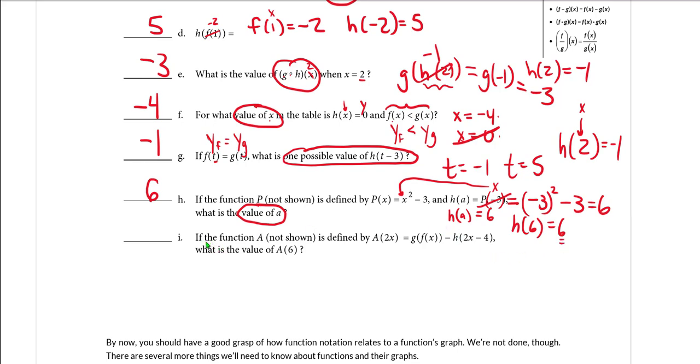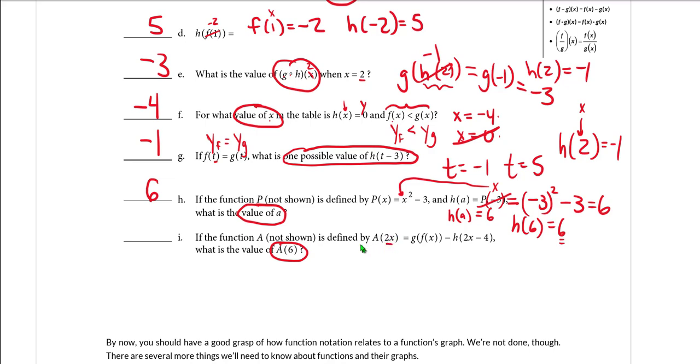Item I here, if the function a, not shown, is defined by a of 2x equals g of f of x minus h of 2x, holy moly, that's a lot of stuff there. Let's take a look at this. This is one of those cases, I talked about this in a previous video, in a previous section, that sometimes we'll get inputs that are not simple x's. They might be an expression.